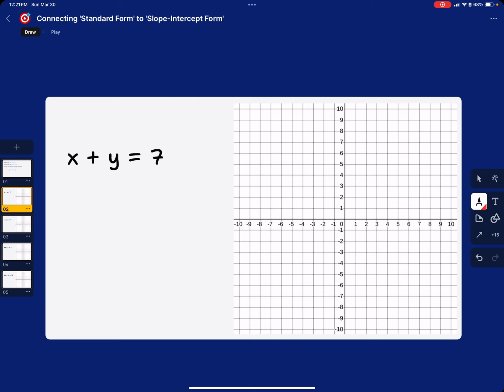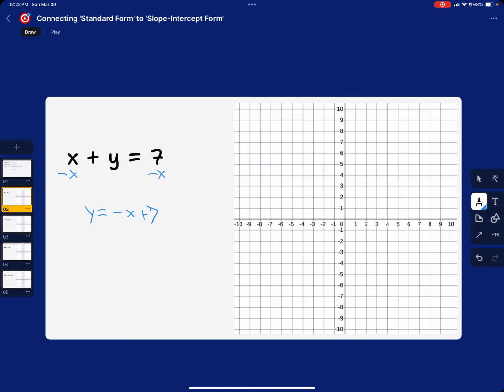We're going to subtract x from both sides of our equation, and now we have positive y. So we have positive 1y, and now we just want to rewrite this in slope-intercept form. We want to get this a little bit more organized. We're going to put the slope first, which is negative x, and then the 7, which is positive, plus 7. And now we have our equation written in slope-intercept form.